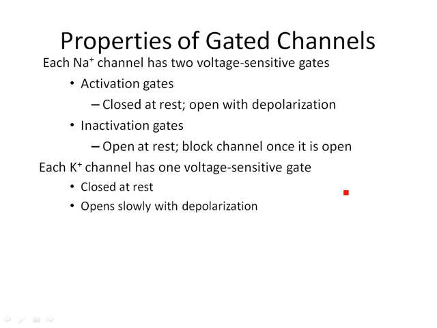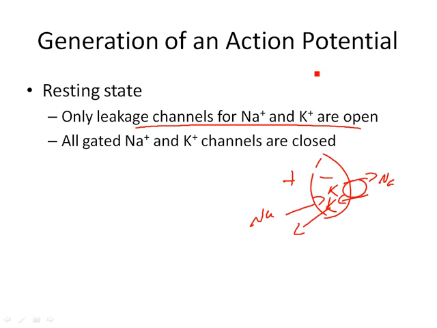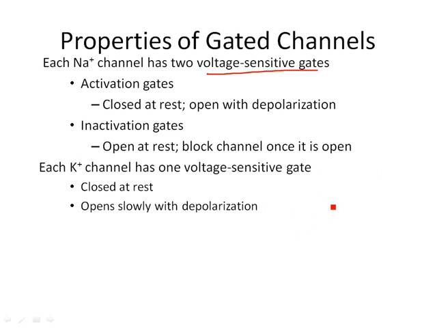Now, you have voltage-gated sodium channels. So far I've only talked about the leakage channels, the ones that are always open. You've got an extra set of channels inside the membrane, the voltage-sensitive ones, and they're going to open and close based on changes in voltage. We call them activation gates, which basically means they open, and inactivation gates, which basically means they close.